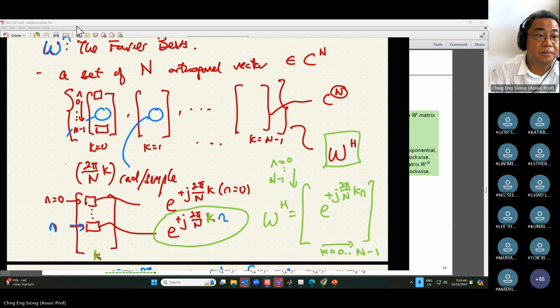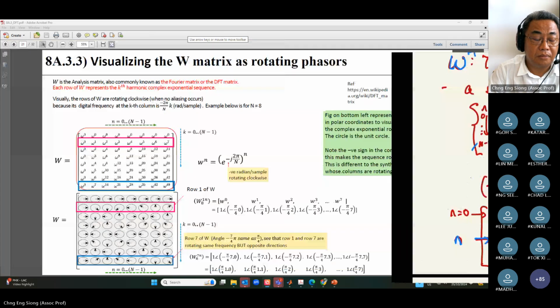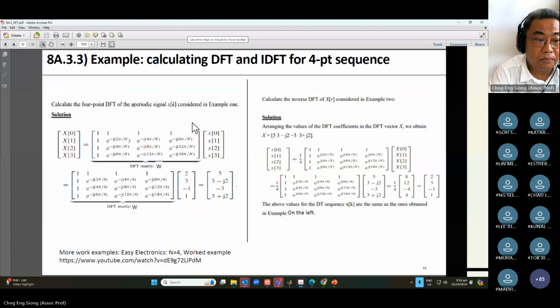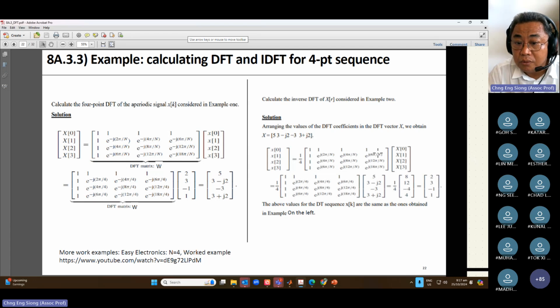Which one is it? The DFT. Okay guys, don't be confused, it's this matrix, the W^H matrix, all ones.